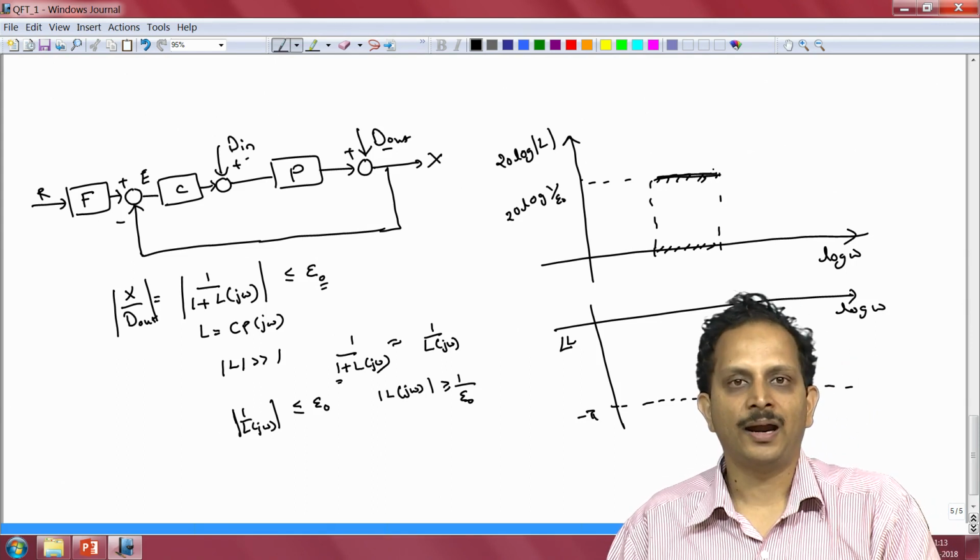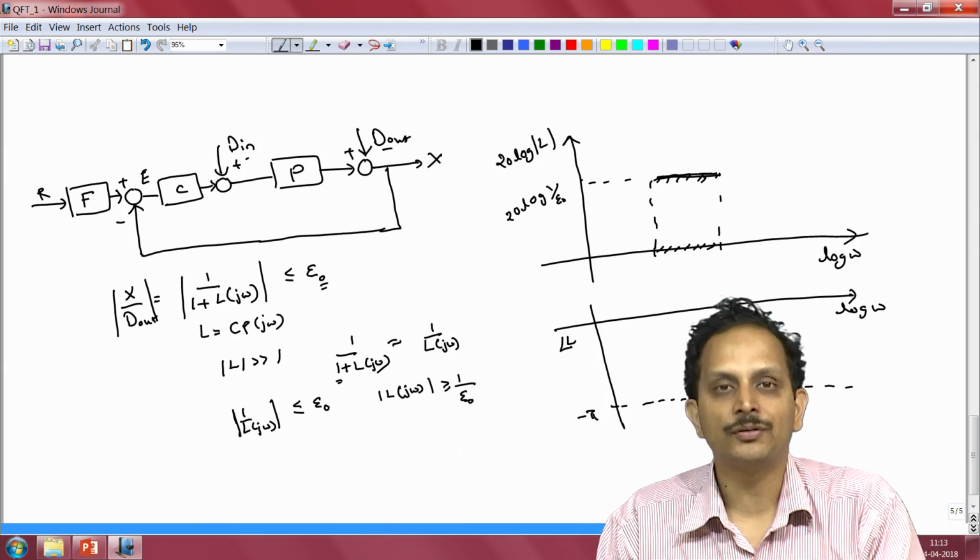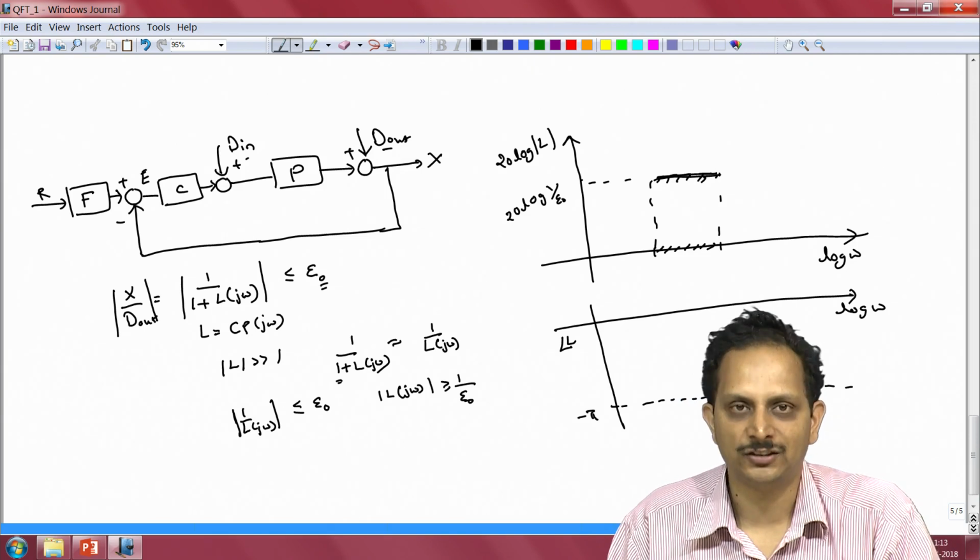If that is done, then we will be able to reject the output disturbance in this frequency range by the desired extent.